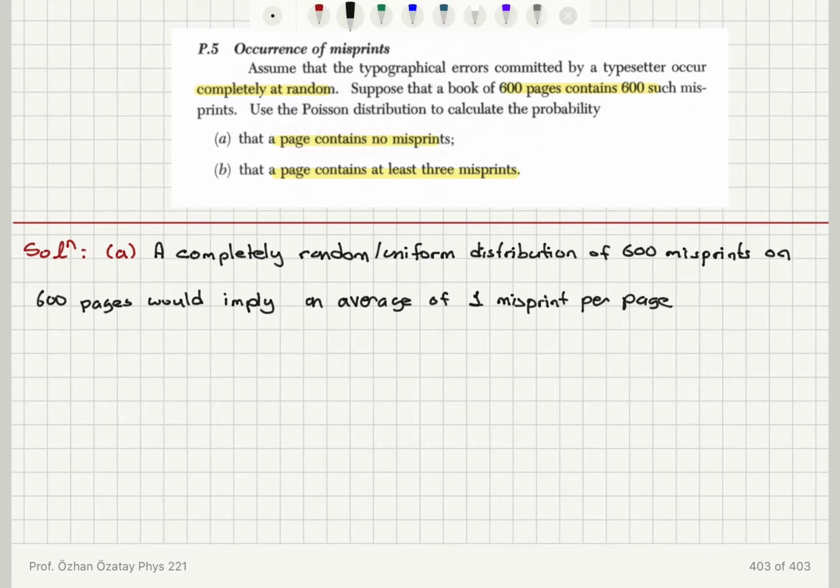So I call n the number of misprints in a page.